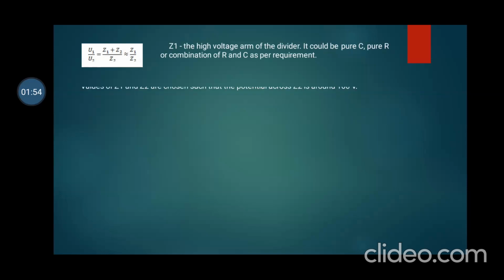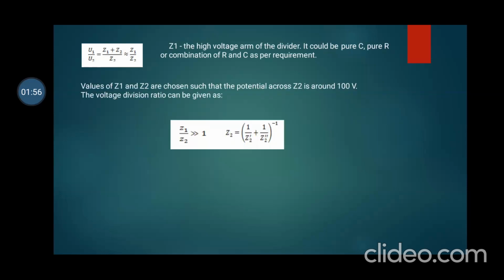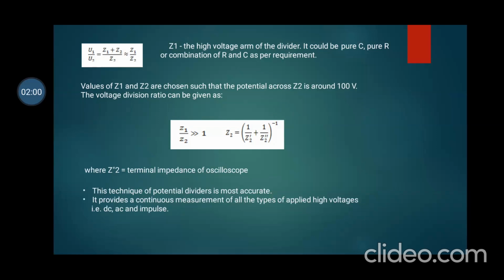Now U1 by U2 is nothing but the voltage reduction ratio, and it is given by Z1 by Z2. In this expression, values of Z1 and Z2 are so chosen such that the potential across the Z2 arm is around 100 volt.